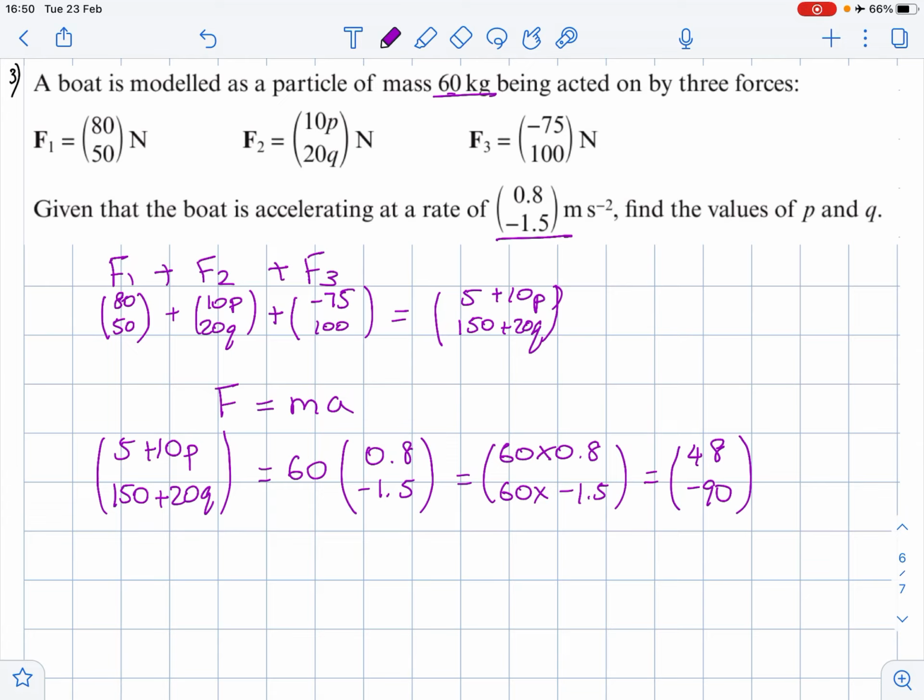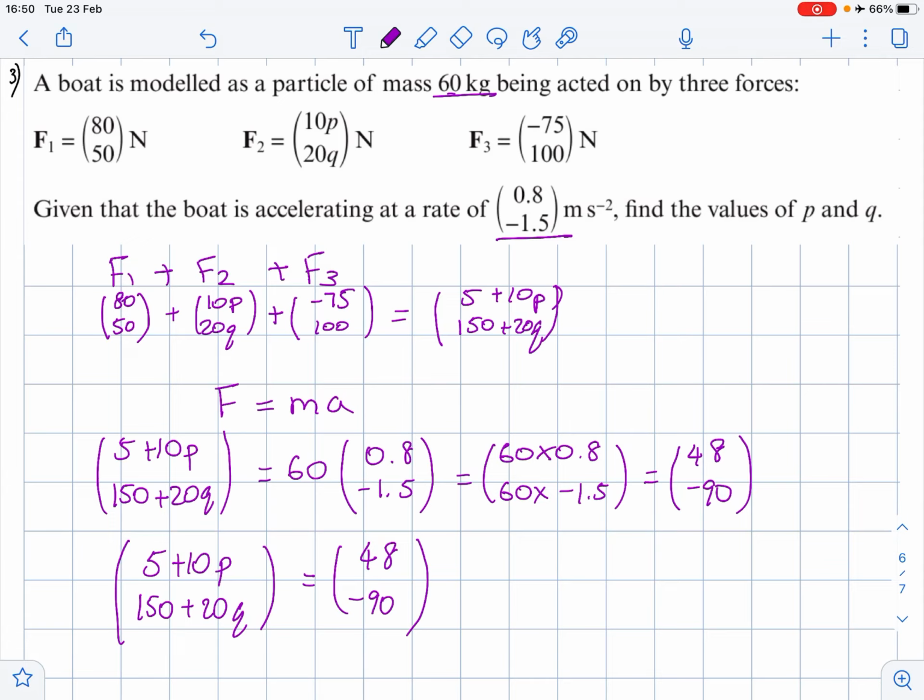So we have our equation here: (5 plus 10p, 150 plus 20q) is equal to (48, minus 90). We want to find the values of p and q.